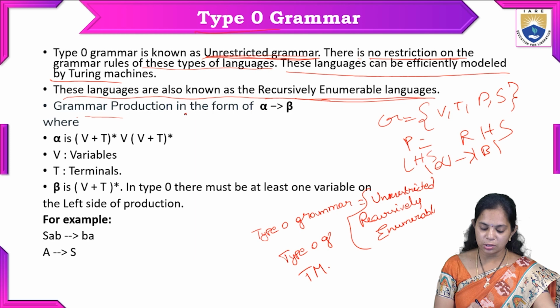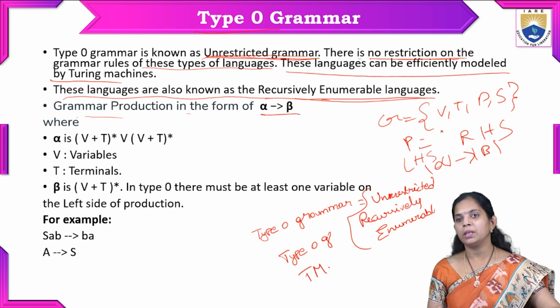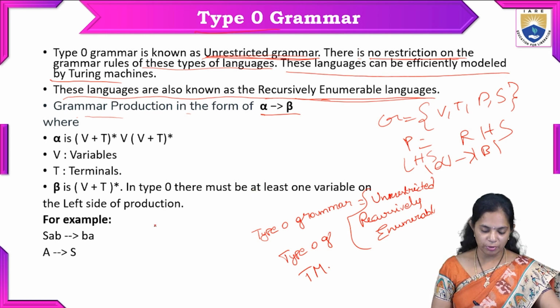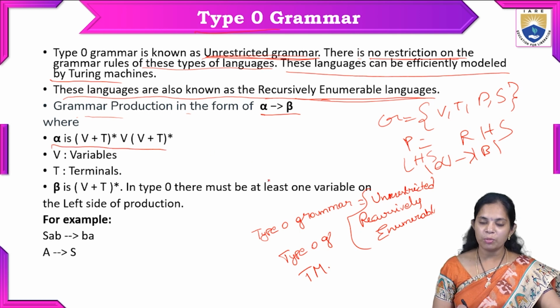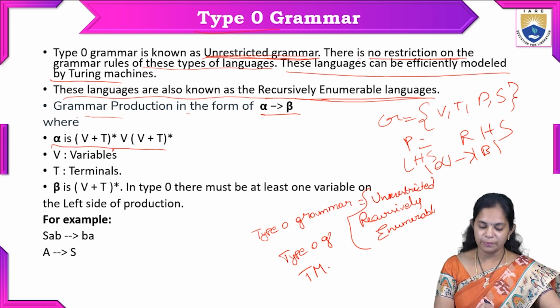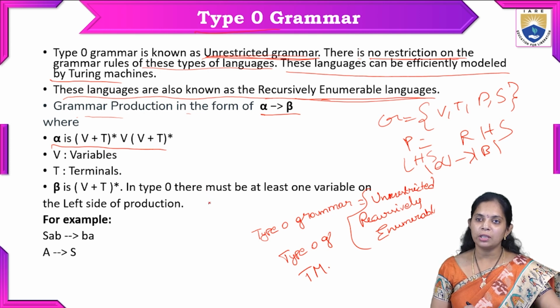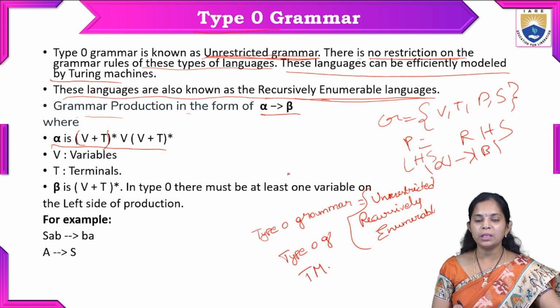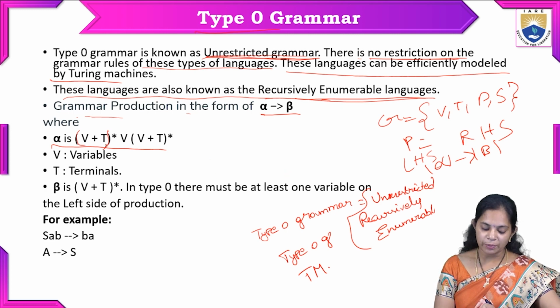And the grammar productions are in the form of alpha tends to beta. So production rules having alpha and beta, and we will discuss the alpha length and beta length. The alpha is a combination of V plus T, a combination of terminal and non-terminal symbols with Kleene closure, so that the empty string is also acceptable here. And V plus T star: we already discussed the difference between plus and star.